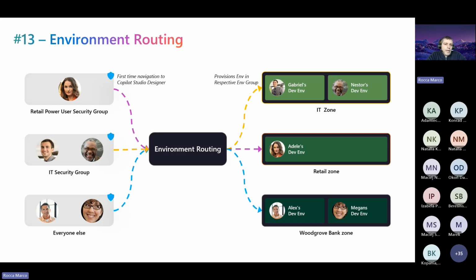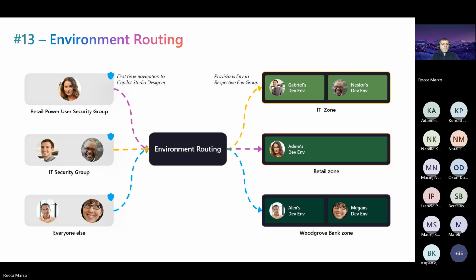When the user starts to create a Copilot Studio agent, environment routing intercepts this event and doesn't create the agent in the selected environment, but moves the user to a dedicated environment, for example, a classic dev environment.